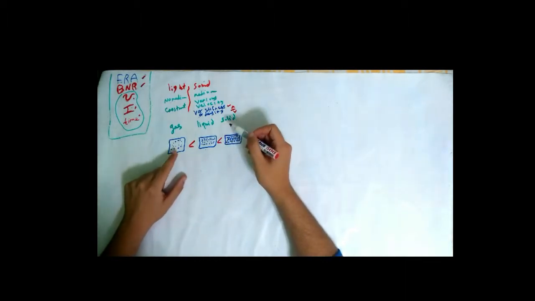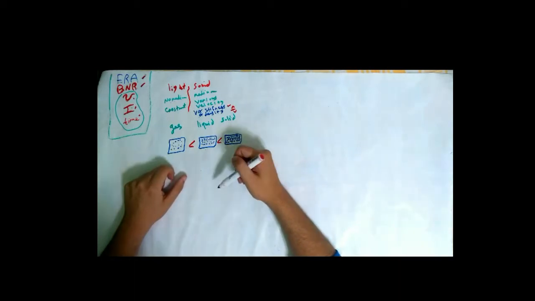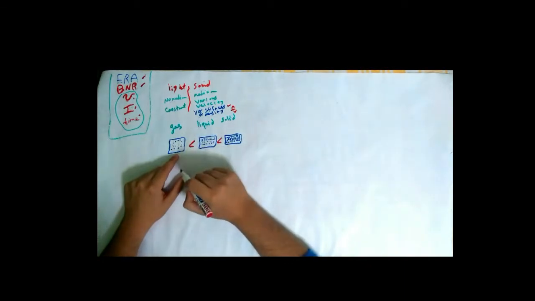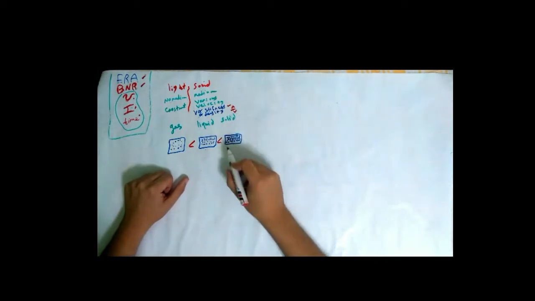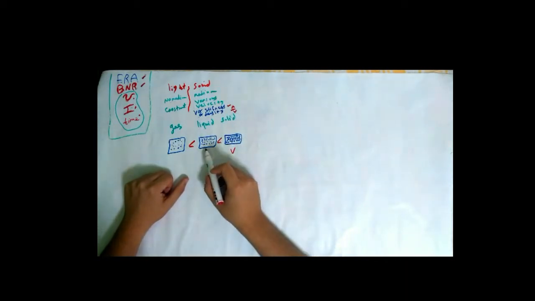While in gas, because it has less stiffness, atoms are very far from each other, so the mass is low, which makes the density of gas very low. So according to this, since velocity is in direct relationship with stiffness and density, solid has higher velocity than liquid, and liquid has higher velocity than gas.